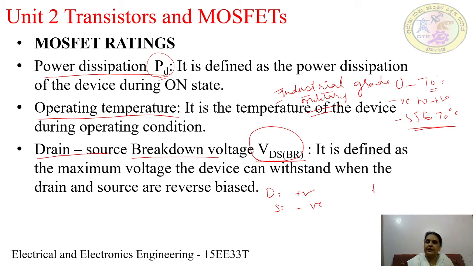If I connect drain as negative and source as positive, then it is a reverse bias drain-source junction. So in that case, what is the maximum voltage the MOSFET can withstand? It is called VDS-BR, the drain to source breakdown voltage, or breakdown voltage at the drain to source terminal.